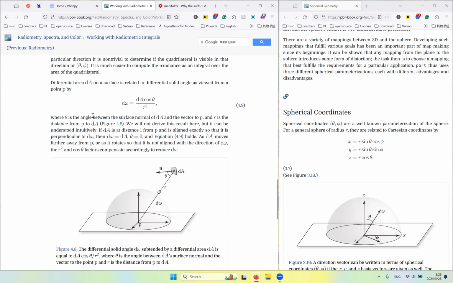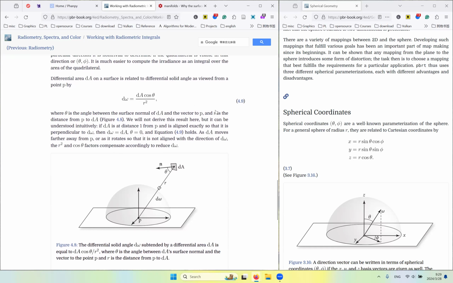Theta is the angle between the surface normal and the vector to P. So the cosine term is to project from the normal to the view direction, I assume. And R is the distance from P to dA. That makes sense.